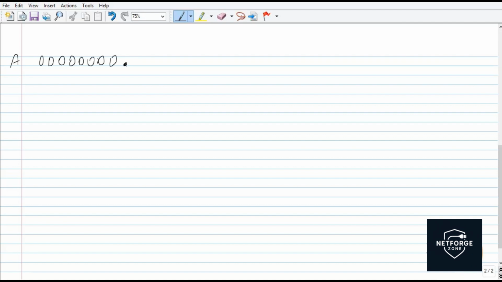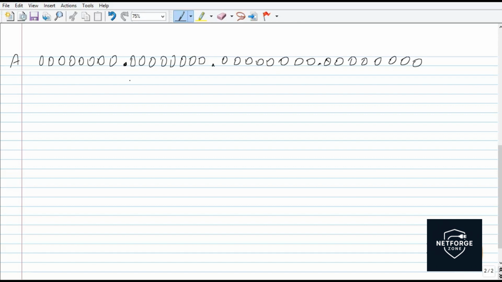And again, I put this dot here. This is not necessary in binary notation. I'm just showing this to conform to the traditions. 2, 3, 4, 5, 6, 7, 8. And again, 1, 2, 3, 4, 5, 6, 7, 8.